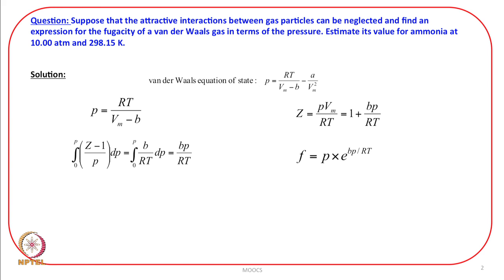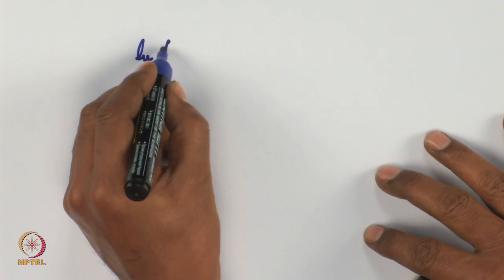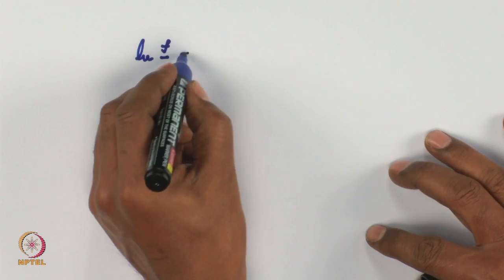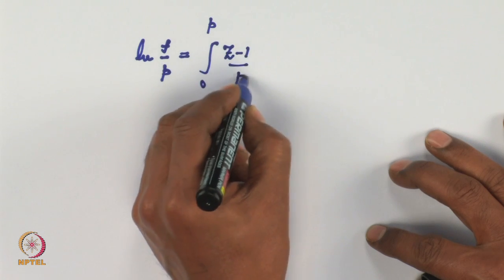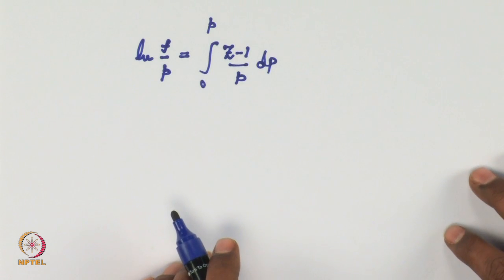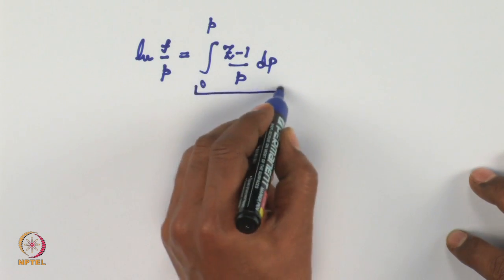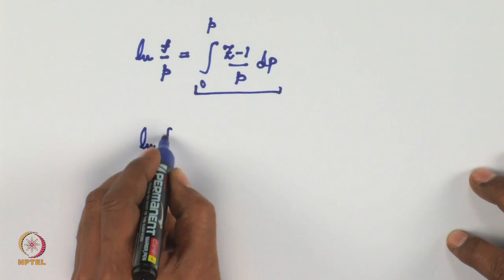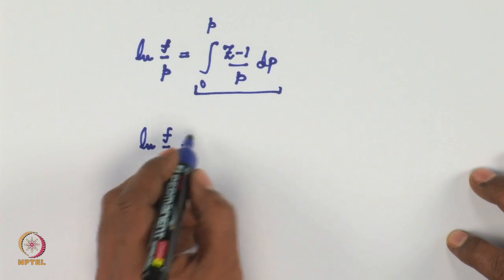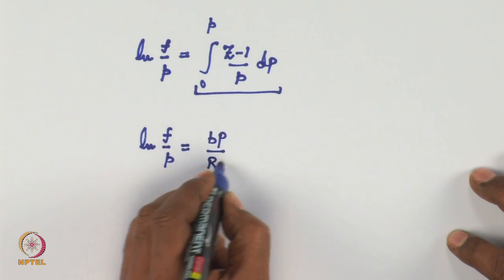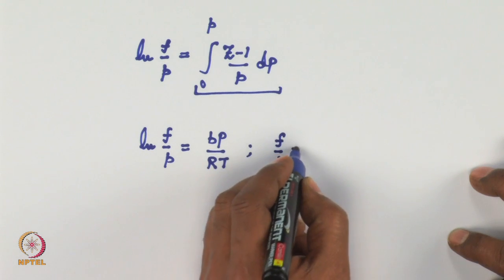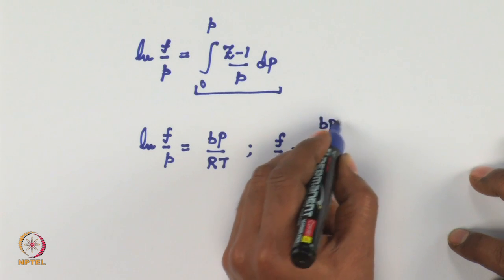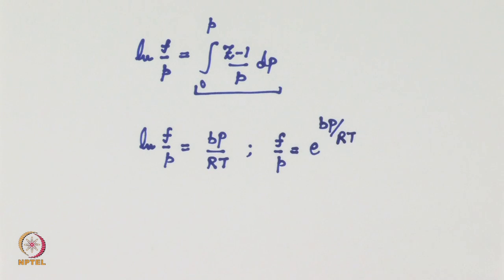Therefore, if I recall that ln(f/P) is equal to the integral from 0 to P of (Z - 1)/P dP, and we have evaluated this and obtained ln(f/P) = bP/RT, which means f/P = exp(bP/RT).